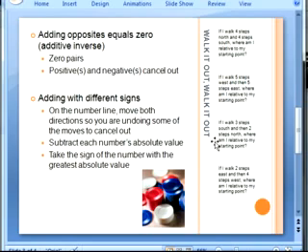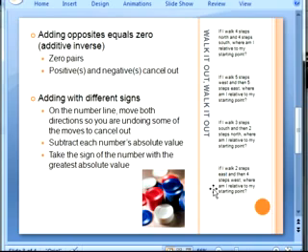If I walk 2 steps east, in example number 4, and then 4 steps west, where am I relative to my starting point? 2 steps east is like going right, so that's a positive 2. And 4 steps west is like going negative or to the left, so I have a negative 4. Positive 2 plus negative 4. Again, look at the absolute values.